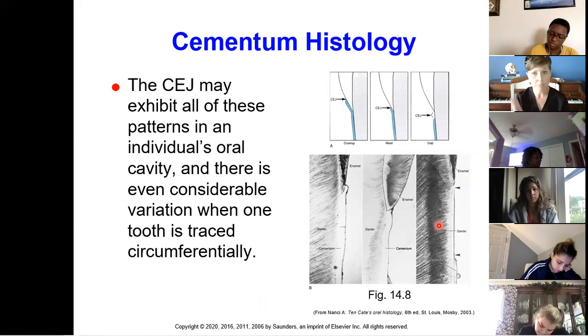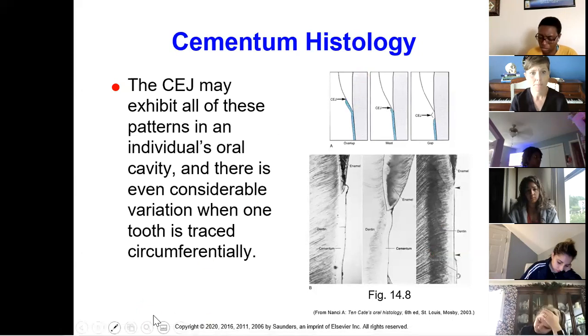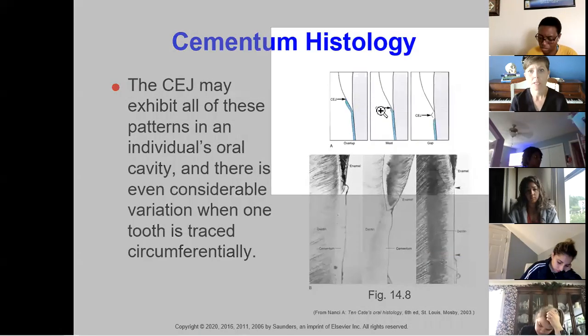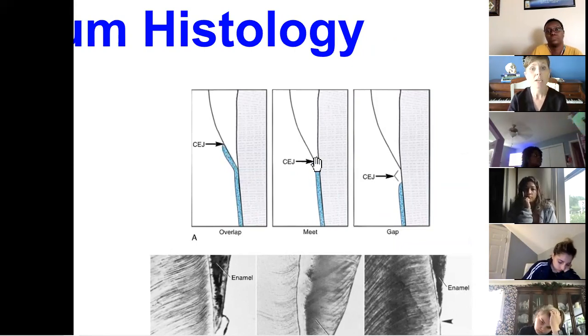You can see in this picture that this would be an overlap, so your cementum is overlapping the enamel. Here, it's where they meet, just like a millimeter that they overlap one another. And then the gap is where they don't touch at all.